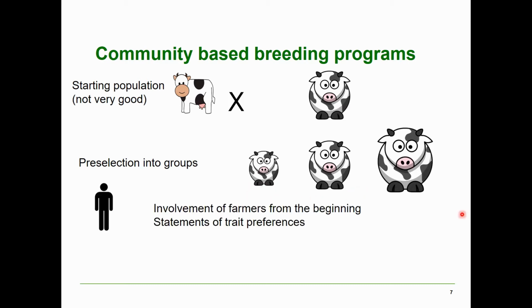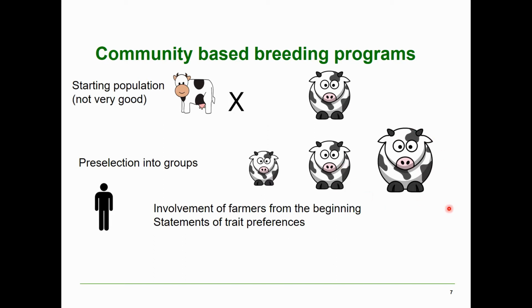This is where the breeding programs come in, and because the name is community-based breeding programs, the local communities and local farmers are also heavily involved from the beginning. The farmers state their preferences, and with the help of the research team, they categorize the animals into usually three groups: ones that are not so good, some average, and those which are really, really productive.